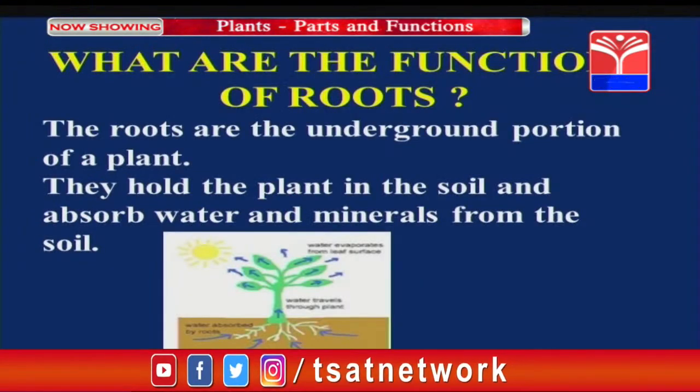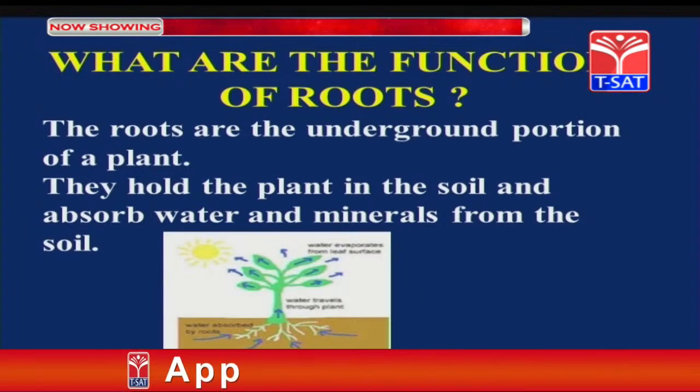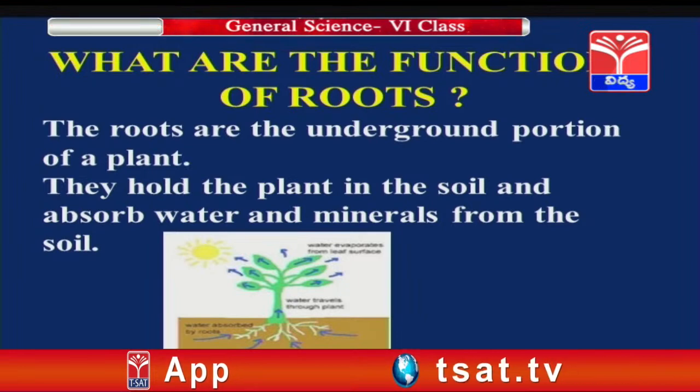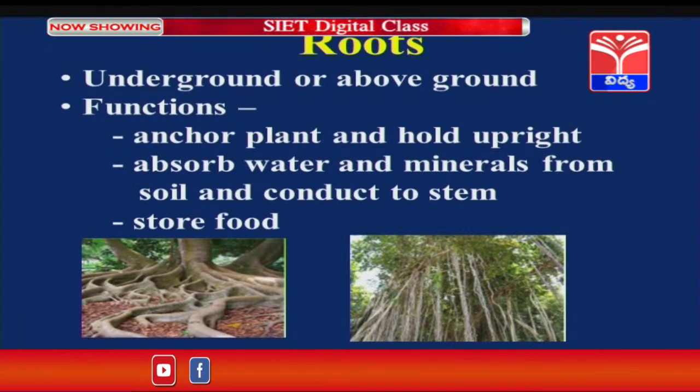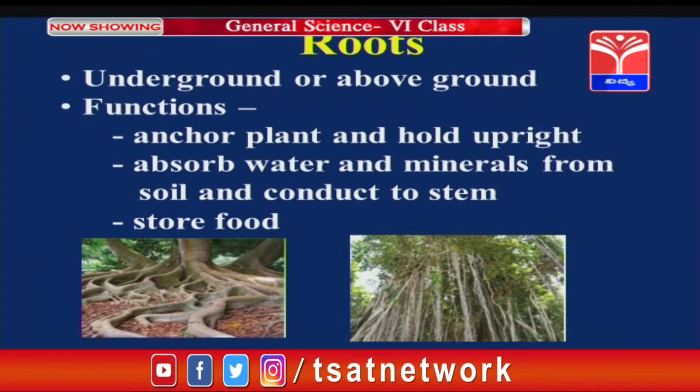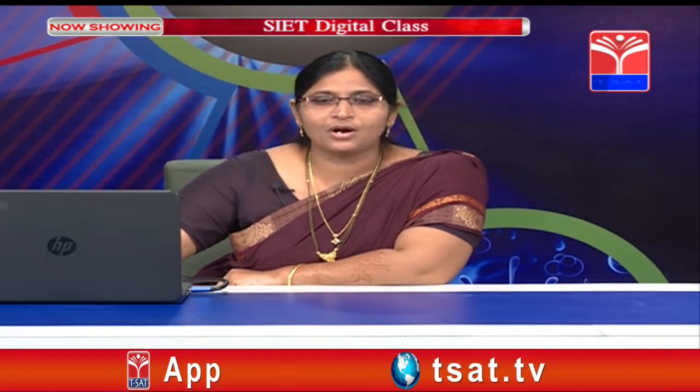The roots are the underground portion which hold the plant in the soil and absorb water and minerals from the soil. Another function is also there for the roots. Some of the roots store food materials. Those roots are called tuberous roots. What are they called?